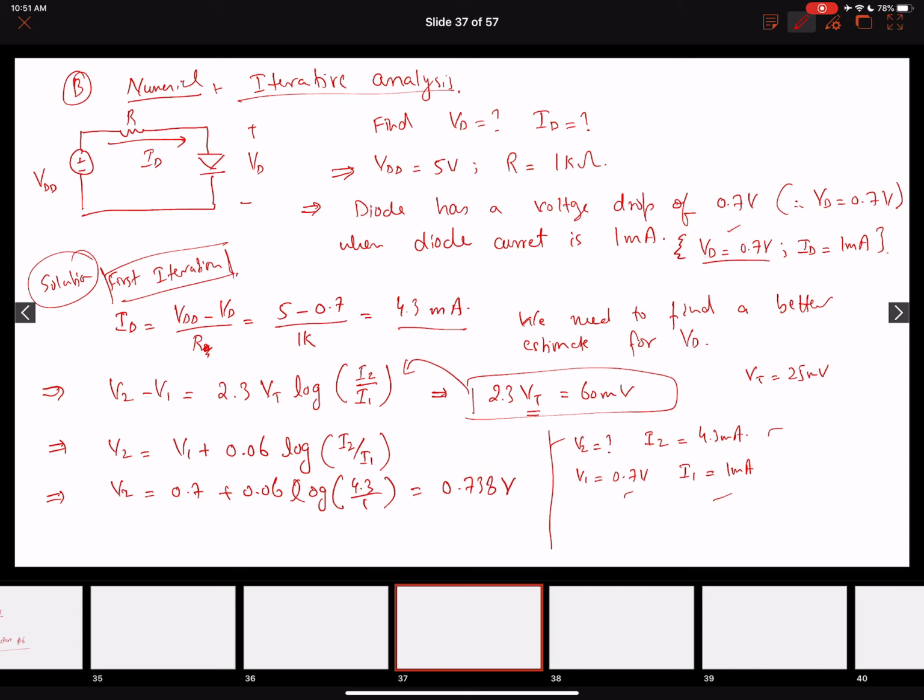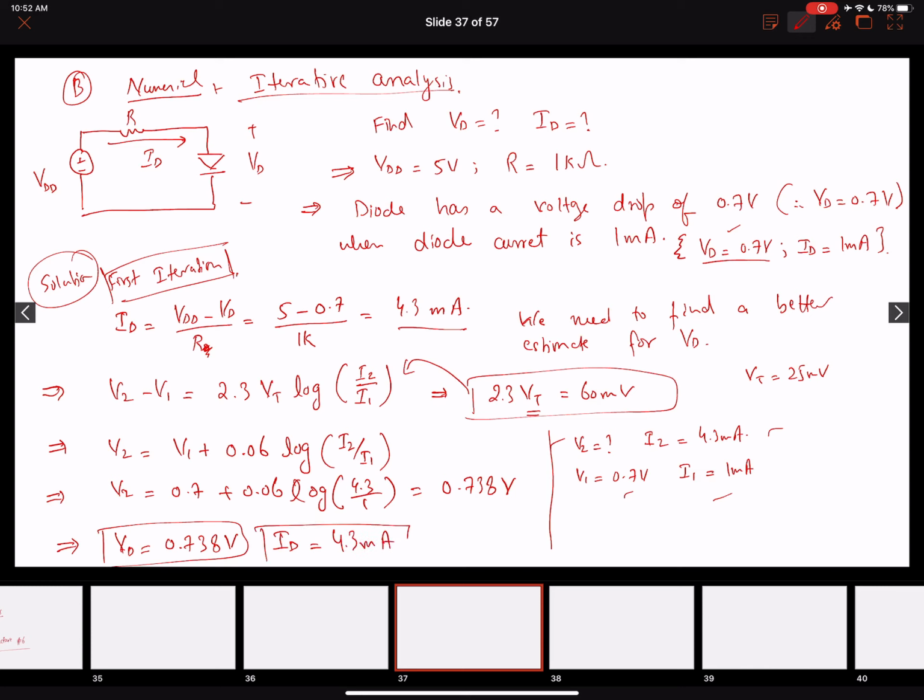Now you can realize that we are kind of converging on the values of VD and ID. So the new VD is 0.738 volts, and the new ID is 4.3 milliamperes.